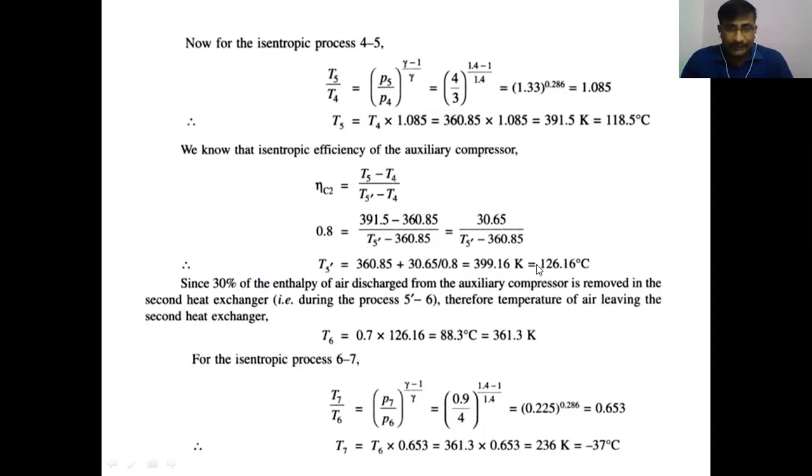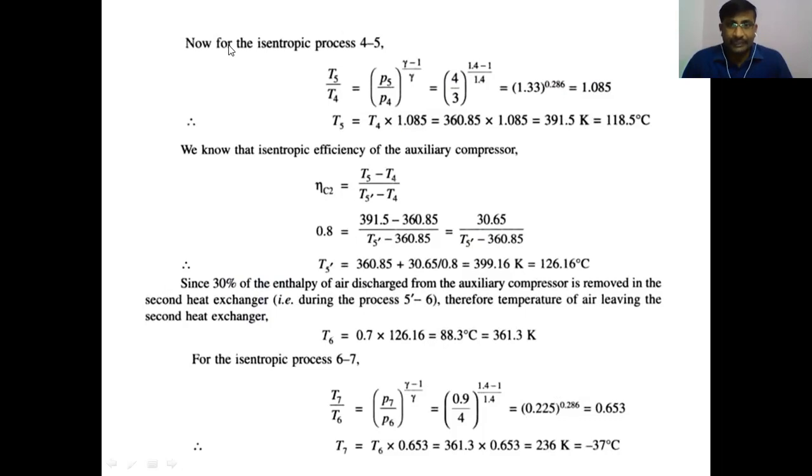Cp value is 1, therefore 126.16 is the enthalpy. 30% is removed, the remaining is 70%. Therefore, 0.7 into 126.16 is the enthalpy at point 6. Clear? So this can be equal to temperature into enthalpy at point 6. Similar to the previous case, we can find the temperature at point 6 as 88.3 centigrade or 361.3 kelvins.